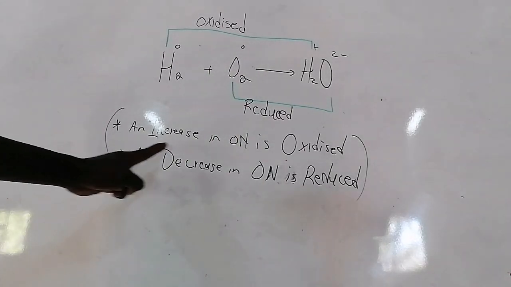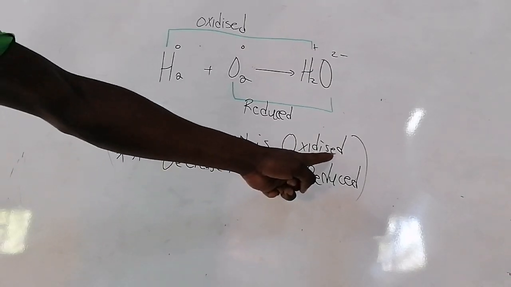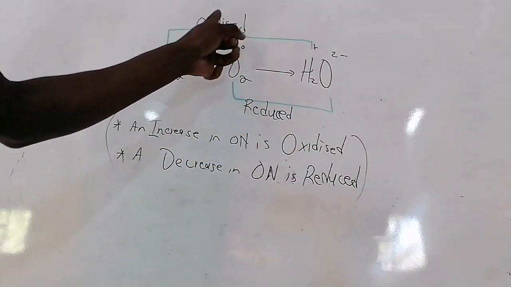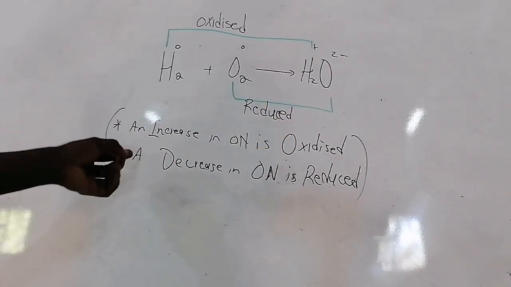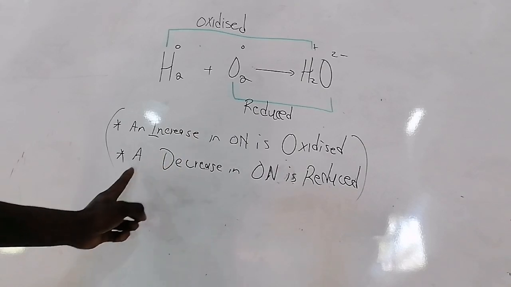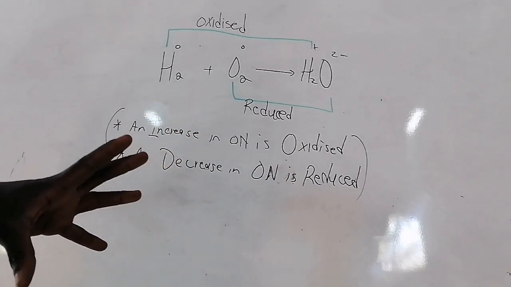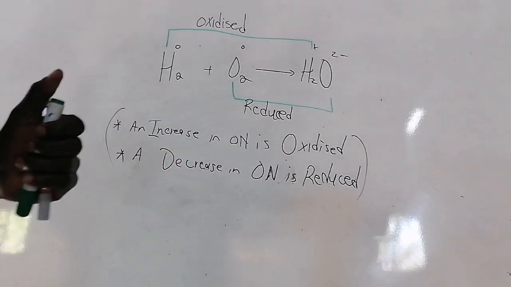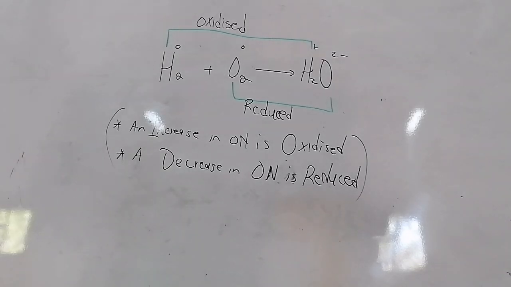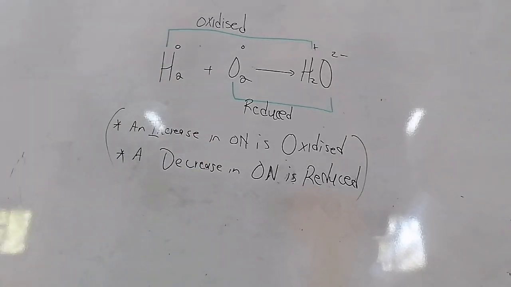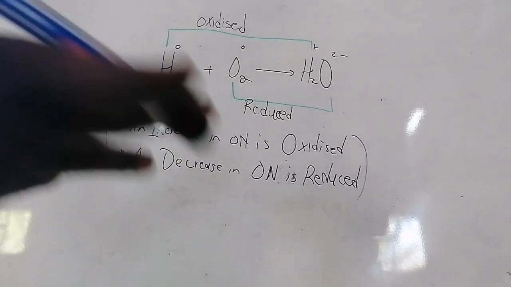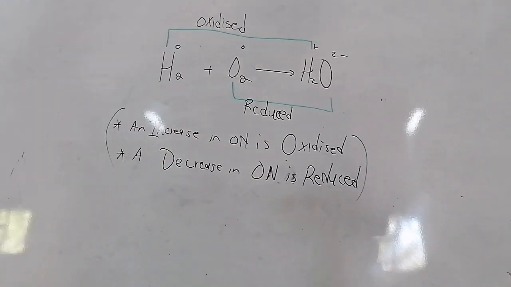Now, we said that an increase in oxidation number is oxidized, right? I wrote oxidized here, on the element where there is an increase in oxidation number, and I've written reduced here since there's a decrease in oxidation number. Now, we go back to our agents. We said that a reducing agent is the agent causing the reduction of the other substance and is itself oxidized.